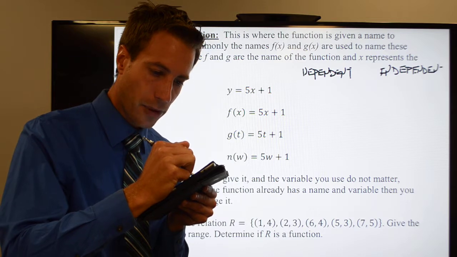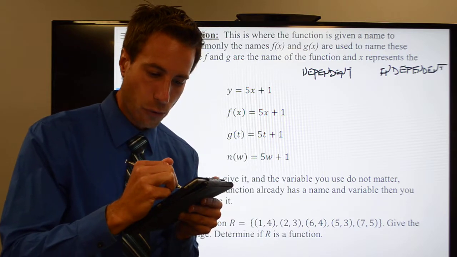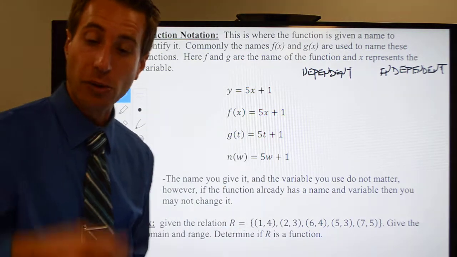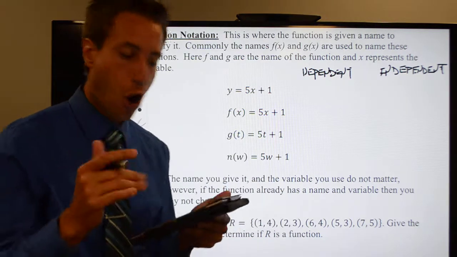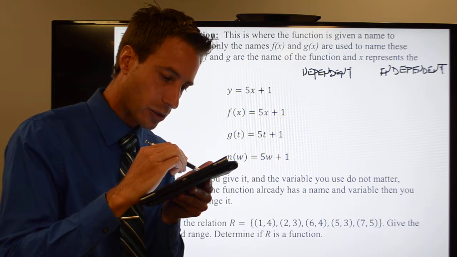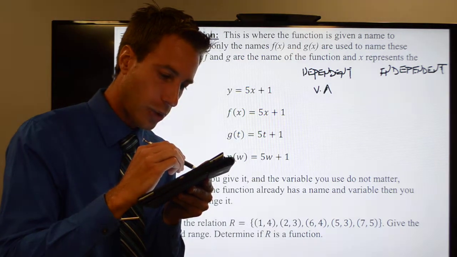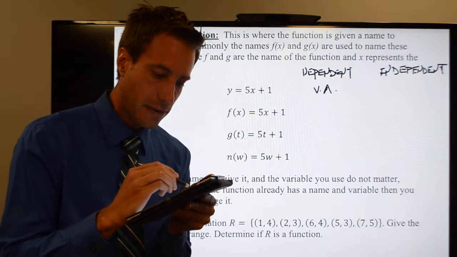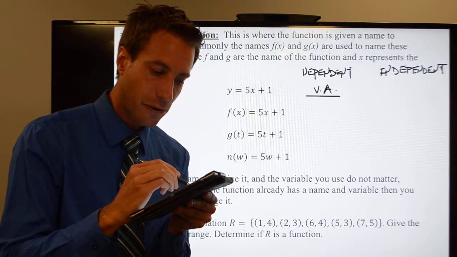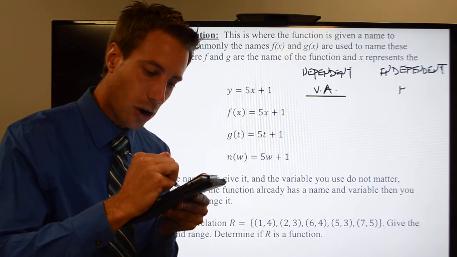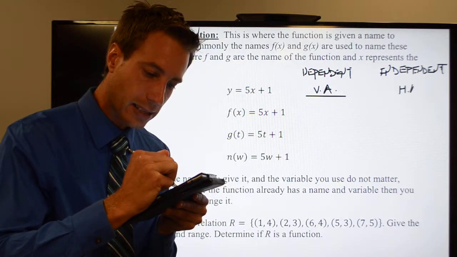Now remember on a graph where each of these goes. The dependent variable is always going to be on the vertical axis. When I graph, my dependent variable is always going to be on the vertical axis. The independent variable will always be on the horizontal axis.